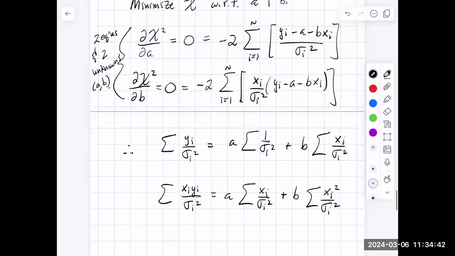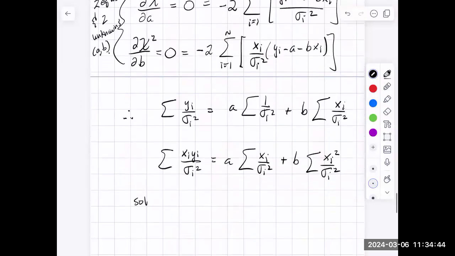Okay, so what we're going to try to do is solve this system of two equations for the two unknowns, A and B. So what I claim is that we could represent everything here in these two equations as a matrix.